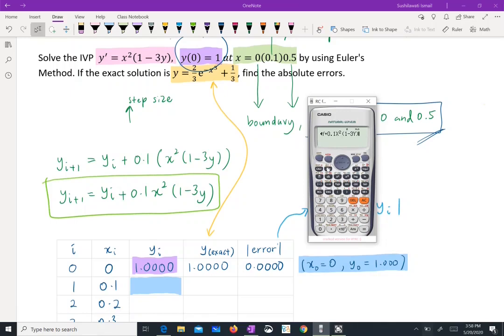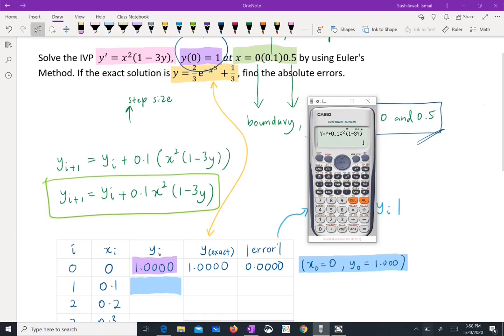Then calculate. Insert the values of x0 and y0 as highlighted in blue. So our y now is 1.00 and our x is 0. So we get y equals 1.